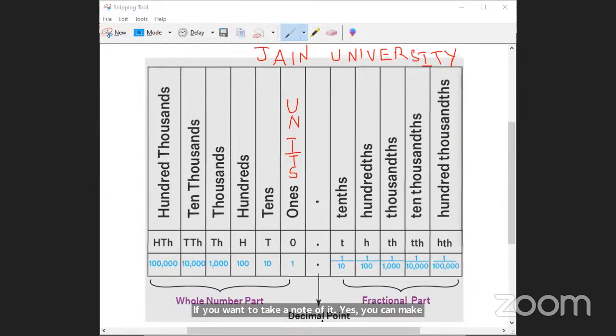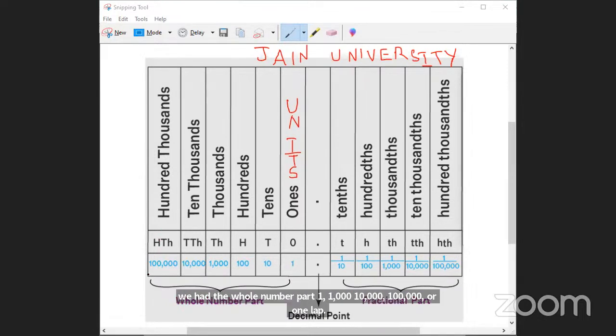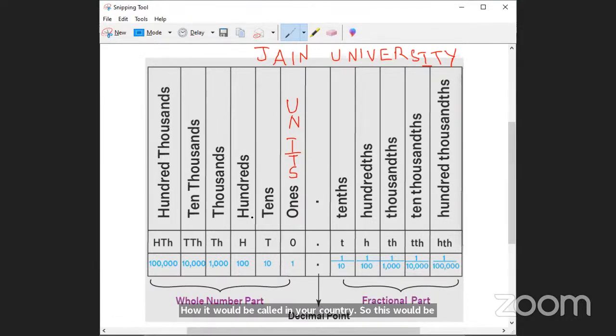So from the decimal point, it's called the fractional part, and over here the whole number part. 1, 10, 100, 1,000, 10,000, 100,000, or 1 lakh. How do you call it in your country? So this would be 1 lakh, or 100,000. Okay, on the decimal side, it's called the fractional part. So tenths, hundredths, thousandths, ten-thousandths, hundred-thousandths.